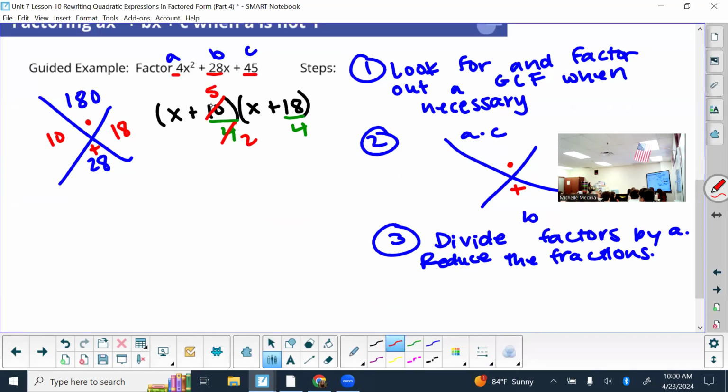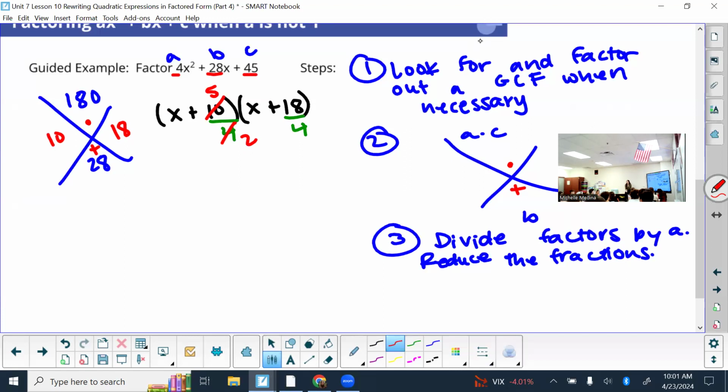So 2 goes into both of these, it becomes 5/2. What does 18/4 reduce to? What goes into both 18 and 4? You can use a calculator, I'm not asking very hard stuff.